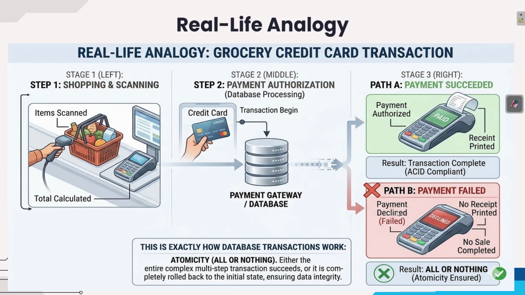These are the three steps: total calculated, payment made, and sale updated. If there is some problem, then the whole thing is rolled back: payment not successful and sale not updated. If payment succeeds, then payment is made and the sale is completed.